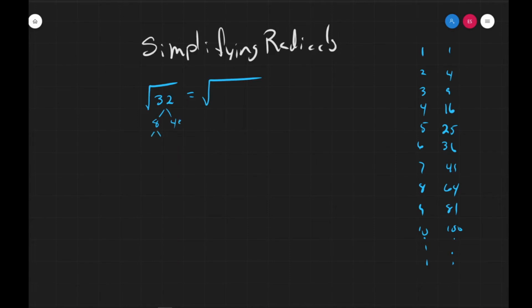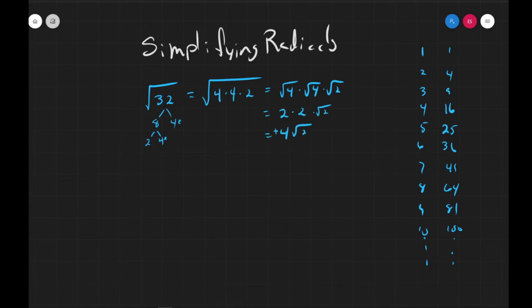And then if we break 8 up, 8 is 2 times 4, and 4 is in our list of perfect squares again. So we can say 4 times 4 times 2, which is going to be the square root of 4 times the square root of 4 times the square root of 2. The square root of 4 is 2, so 2 times 2 times the square root of 2, or 4 square root 2.